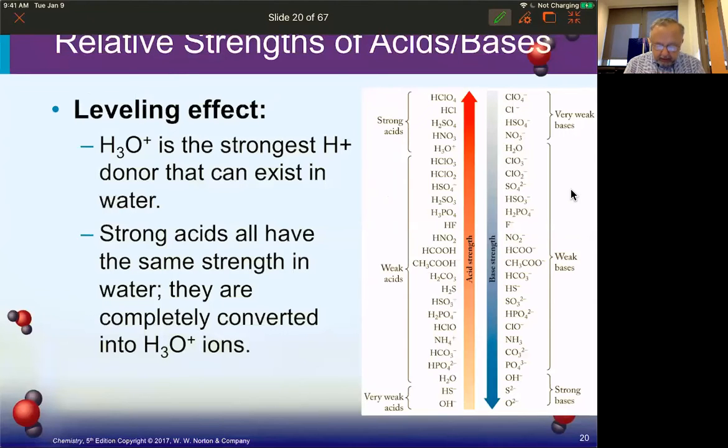Okay, so when we look at acid-base pairs, if you look in here, you have four of all the strong acids. You actually have five of them, although we're missing two here, HBr and HI.